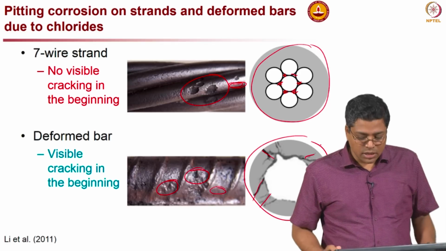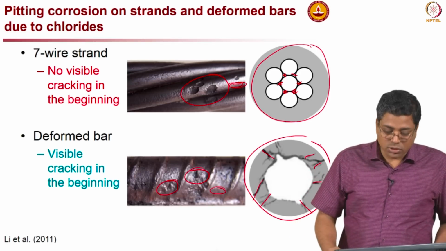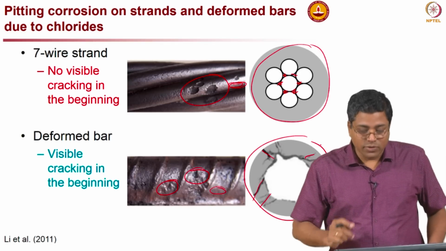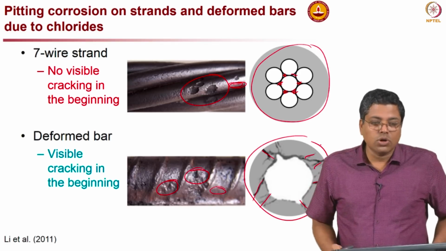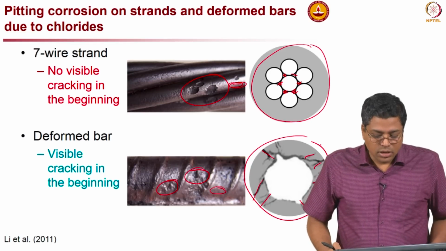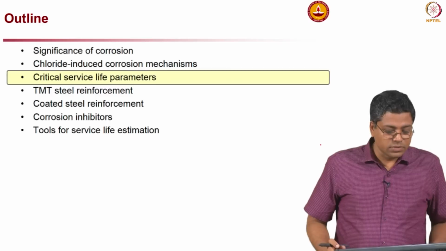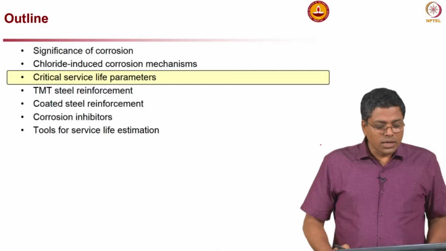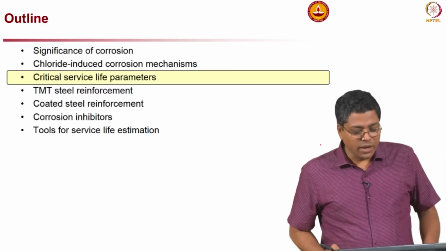So, you can actually see the rust stains from outside. That is a good thing about reinforced concrete, but it should not be used as a tool for corrosion detection in pre-stressed concrete structures.